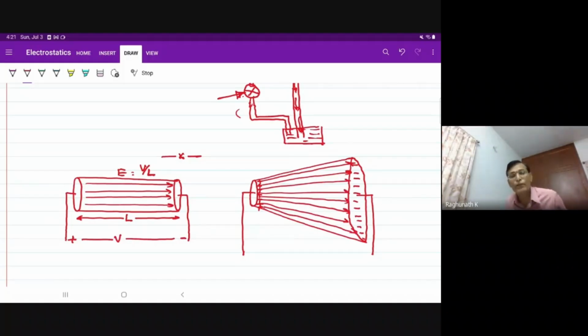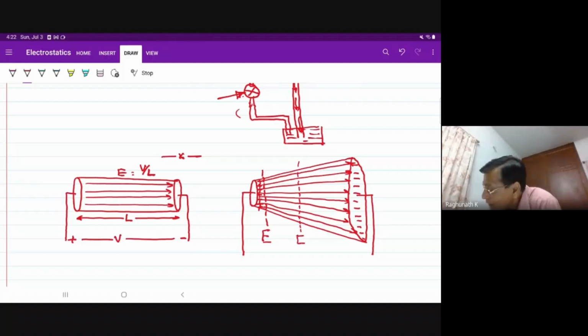Meaning, the electric field intensity at any point on the cross section nearer to the left end is maximum. As we move to the right, I think you are able to understand, right?